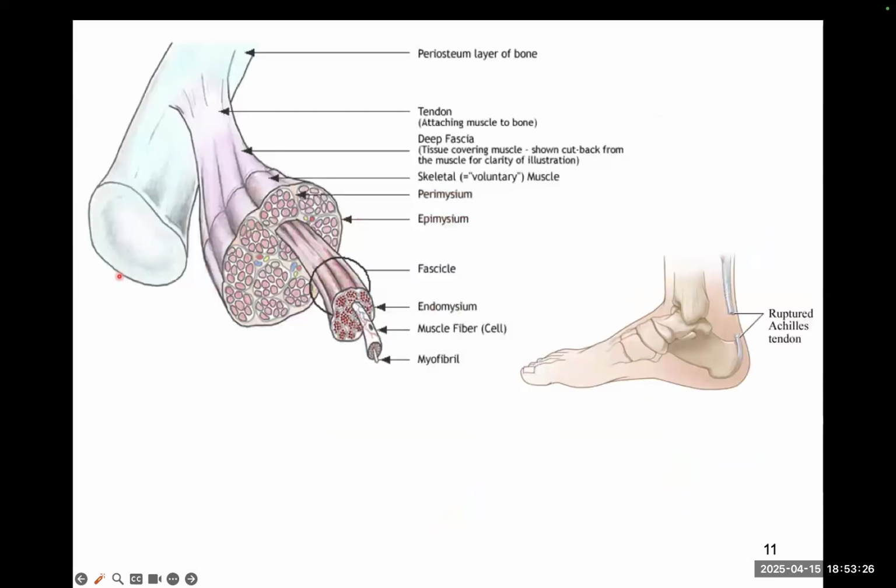Okay. So at the end of the muscle, you have this white stuff that is called the tendon, and I already said the tendon is made out of dense regular CT. So your tendon is made out of dense regular CT. Let me write that down for you.